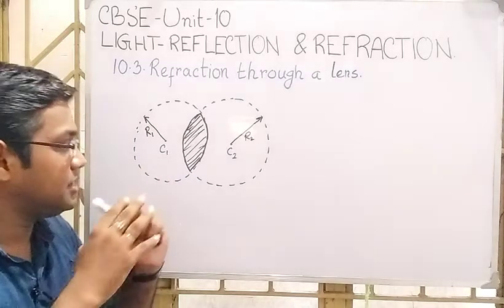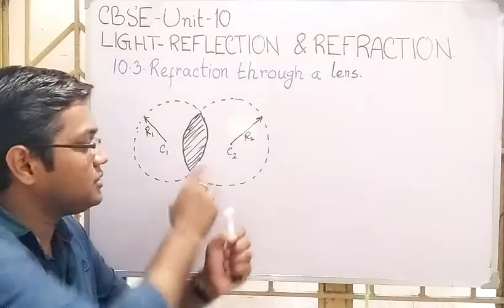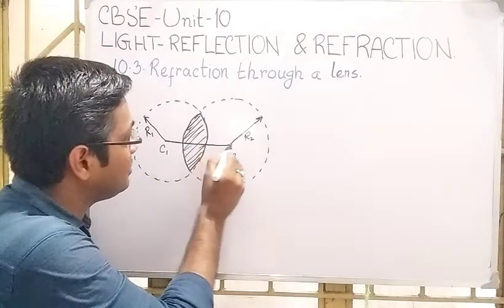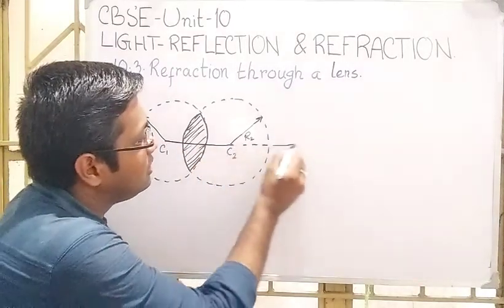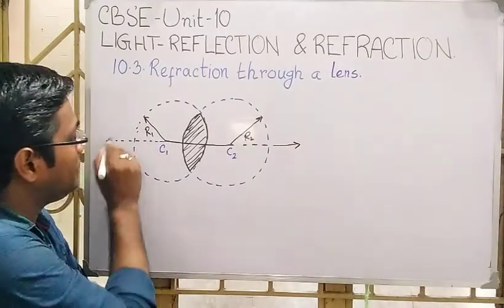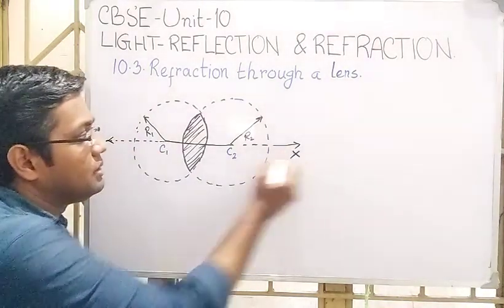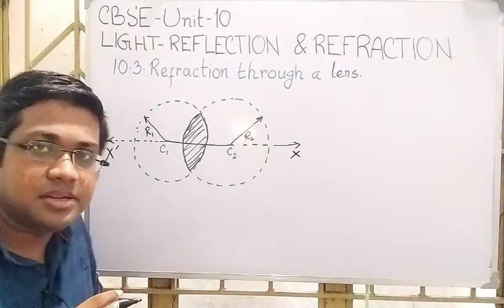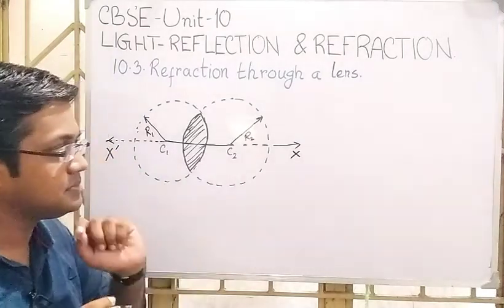If I connect C1 and C2 and extend it in both directions, then just like before we get a straight line.